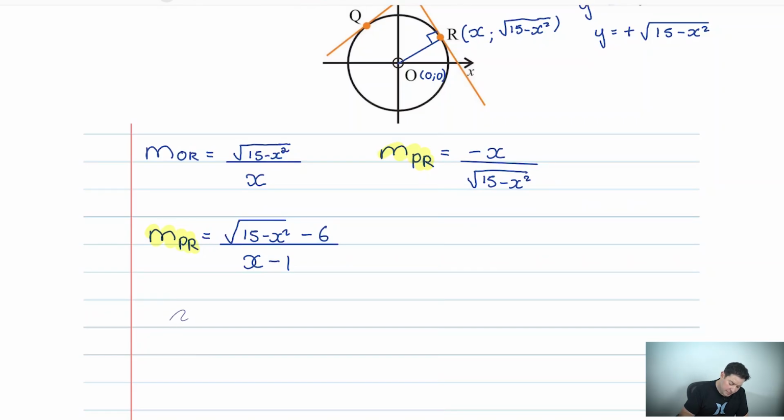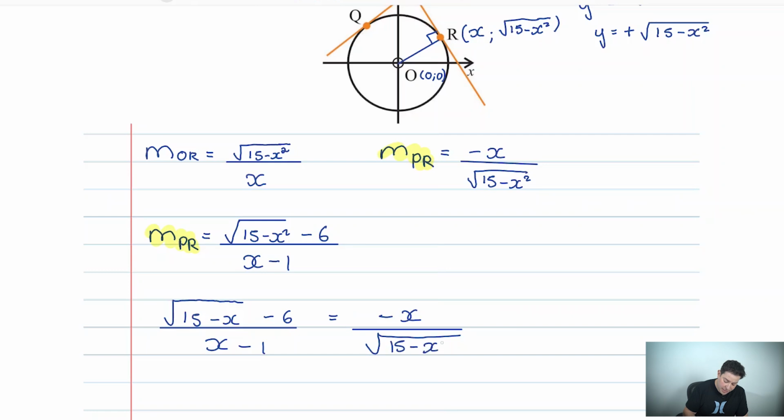So we're going to have the square root of 15 minus x squared minus 6, all over x minus 1, is equal to minus x all over the square root of 15 minus x squared. And once again, that should be an x squared there.